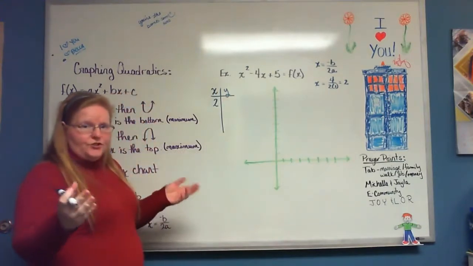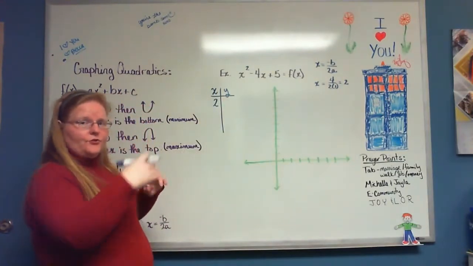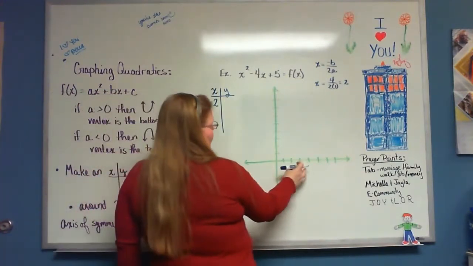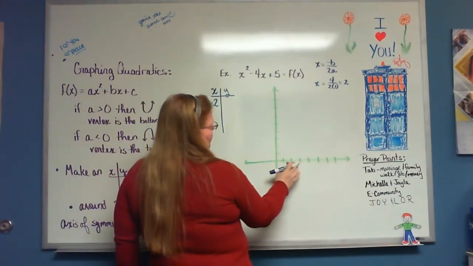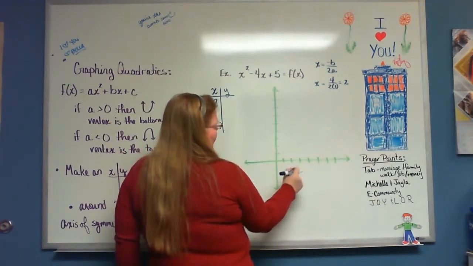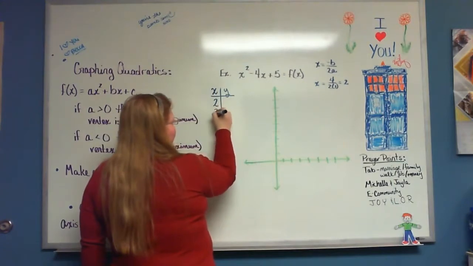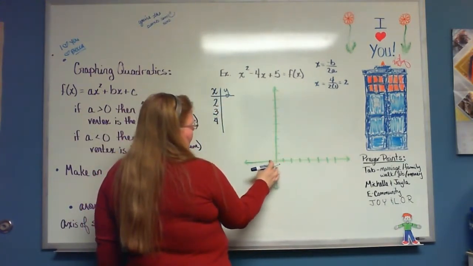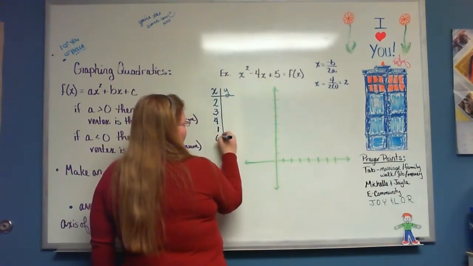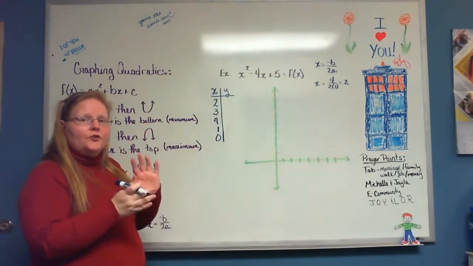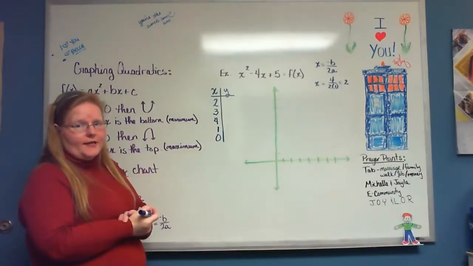In addition to the 2, I want to do 2 numbers to the right and 2 numbers to the left. So this is my 2. 2 numbers to the right make it 3 and 4. And 2 numbers to the left would be 1 and 0. You have to start wherever that is, because that'll tell you where the middle of your quadratic is.